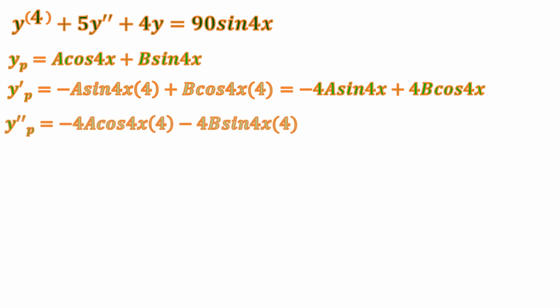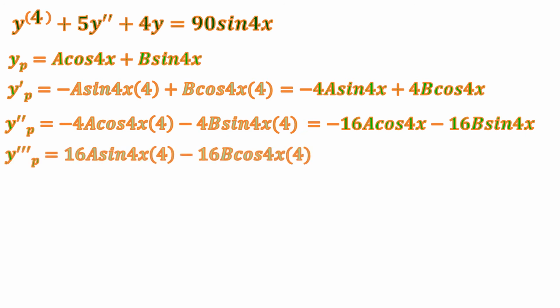So let's take the second derivative. The same procedure, derivative of sine is cosine, derivative of cosine is negative sine, and we will multiply the constants. 4 times 4 is 16 for both. Then for y triple prime, take the derivative of the y double prime.